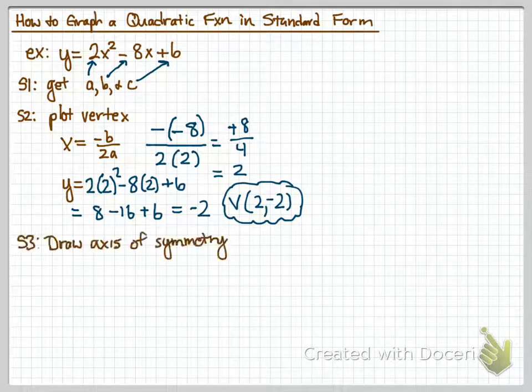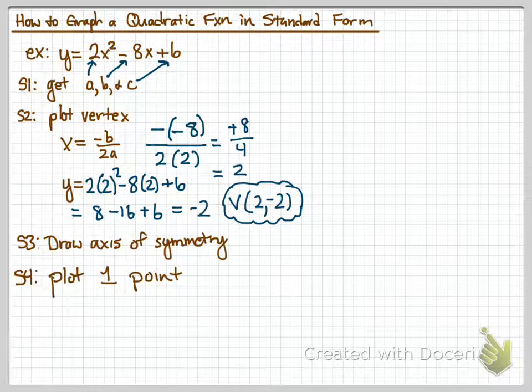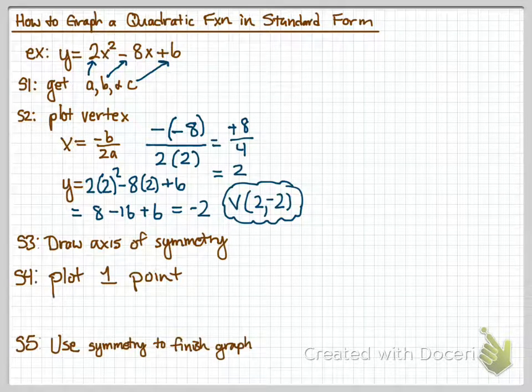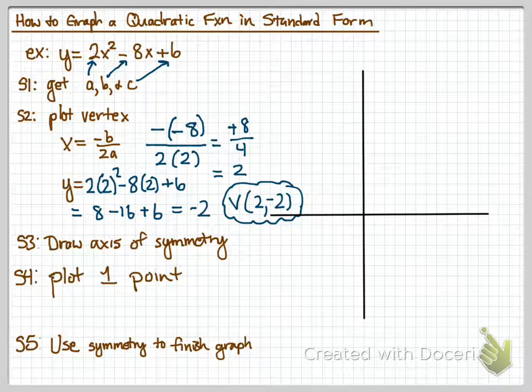And then we draw our axis of symmetry as our third step. Very similar to the quadratic function in vertex form, we plot one point and use the symmetry to finish the graph. So let's jump to the graph right now. Here's our graph. And we're going to plot our vertex at 2, comma negative 2, which is right there.